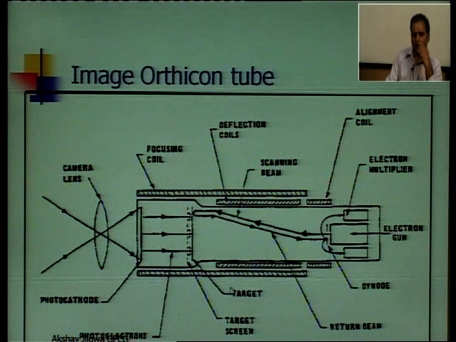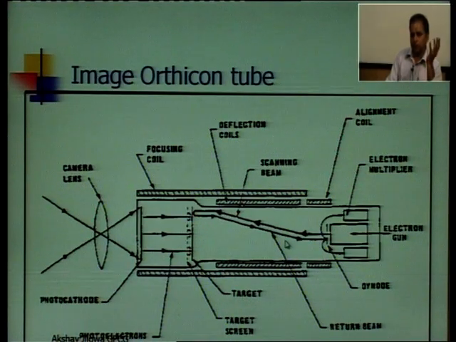When they strike the target screen, the variation they have caused is noticed by the electron beam which scans the various areas, and this scanning is a function of time and space: at which time which space has been scanned.